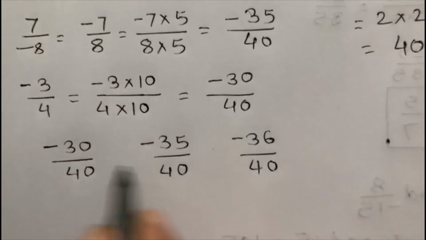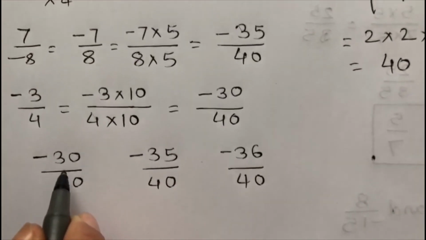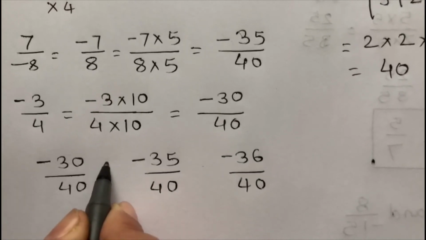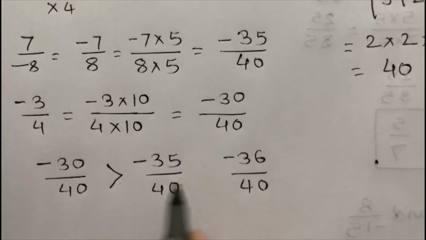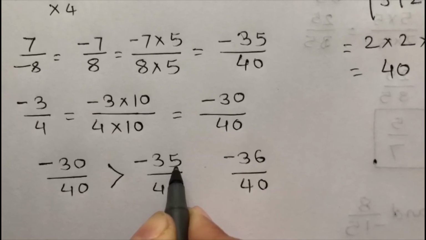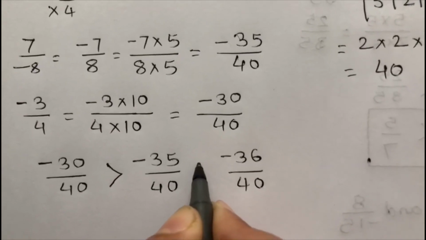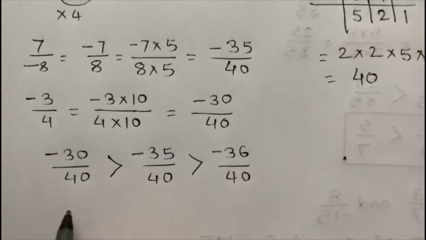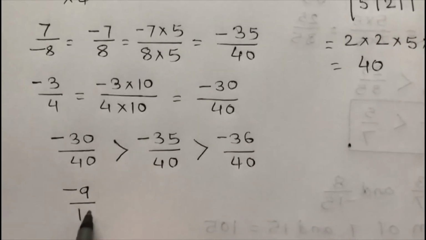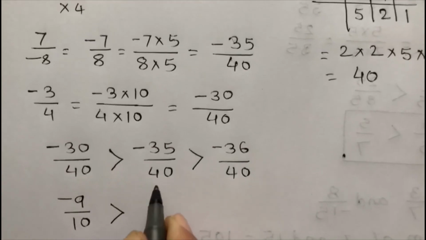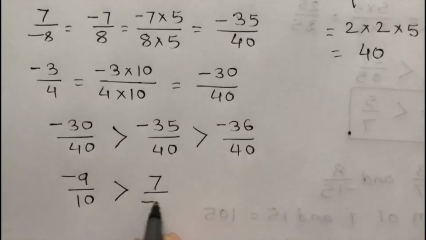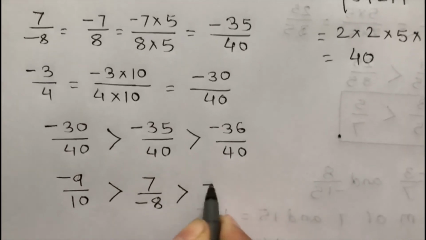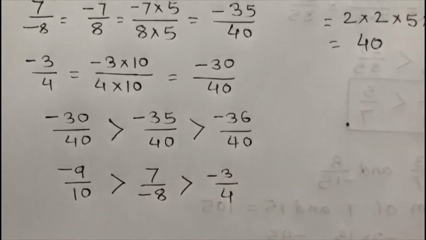Now we have the same denominator, and minus 30 is greater than minus 35 and minus 35 is greater than minus 36. That means minus 9 by 10 is greater than 7 by minus 8 is greater than minus 3 by 4.